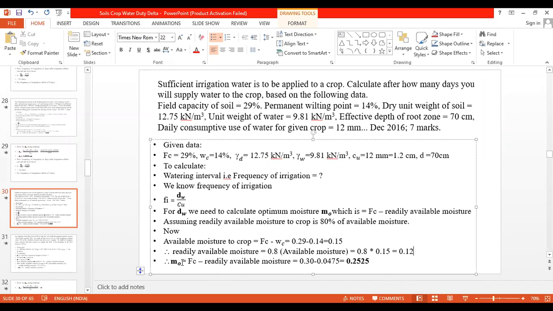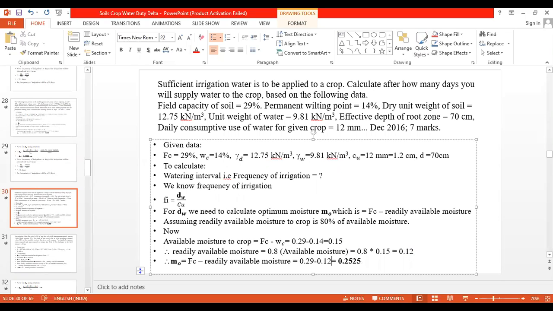Now the optimum moisture content, we can say, is nothing but field capacity minus readily available moisture. So field capacity is 29%, that is 0.29, minus the readily available moisture, that is 0.12.